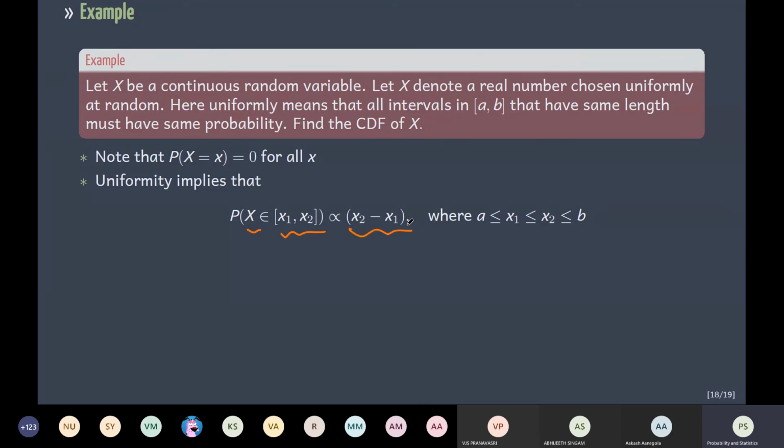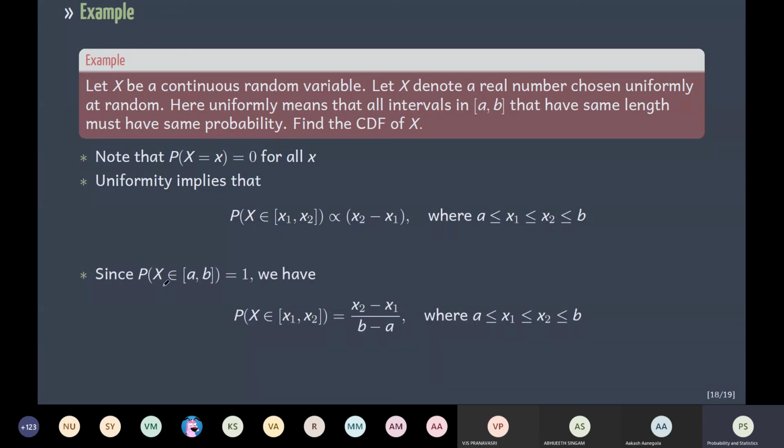And the probability that x lies in the whole sample space is 1, because it's sure to occur.